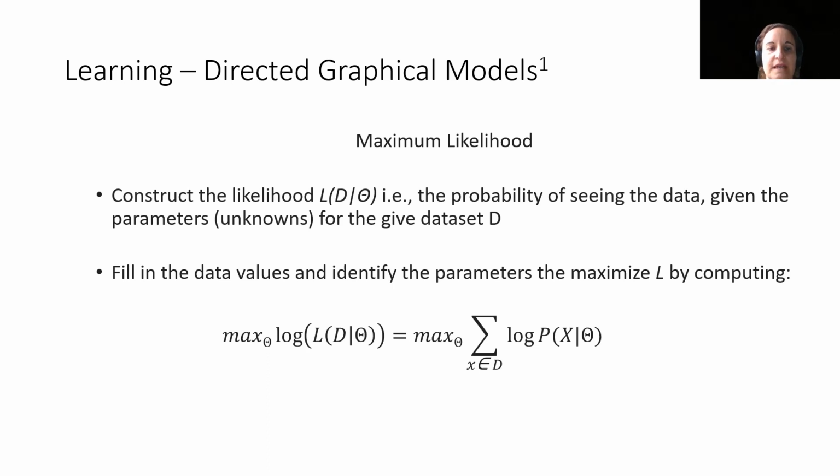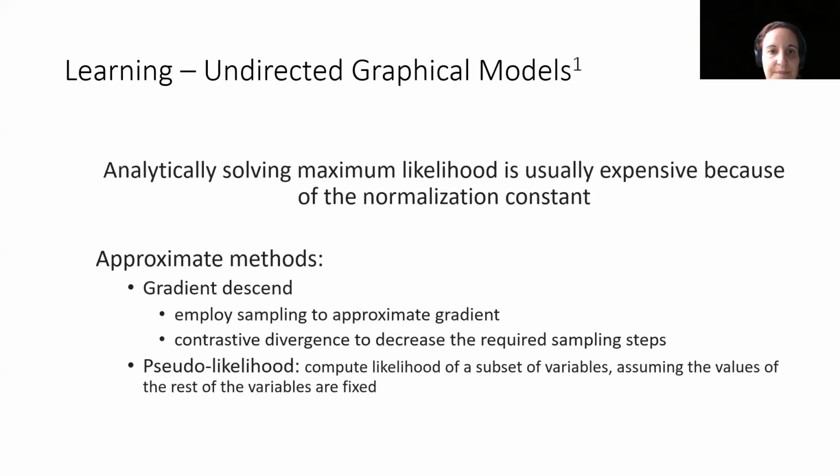What we do is construct the likelihood, which is the probability of seeing the data, the training data, given the parameters, which are unknown. Then we find the values of the parameters that maximize this probability of seeing the data given the parameters. So it's a typical maximization problem.